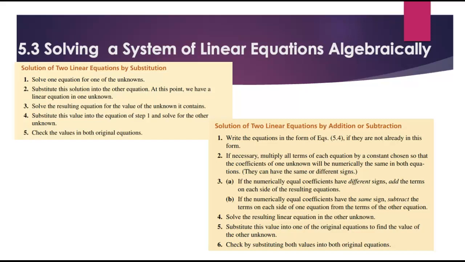And we may need to multiply all terms of an equation by a constant in order to do that. Once we solve the resulting linear equation of the other unknown, substitute this value into the original to find the value of the other unknown. And then we're going to check the values in both the original equations.